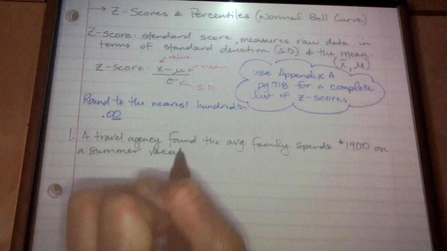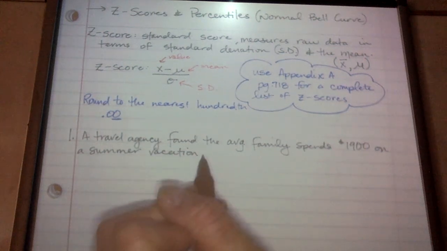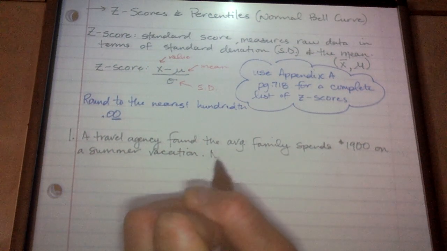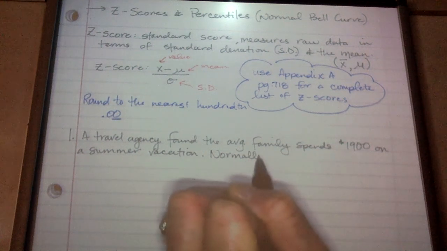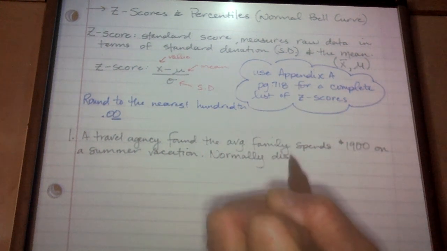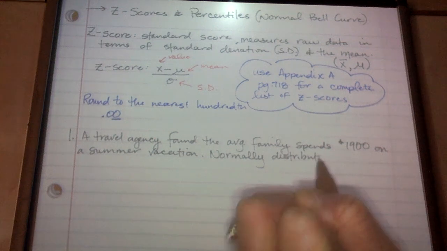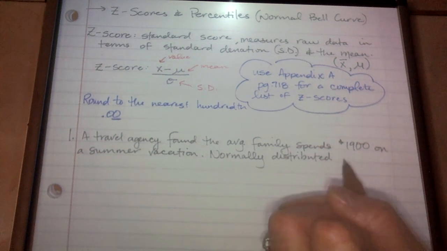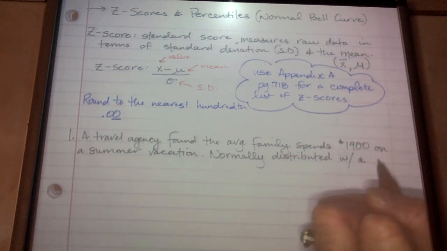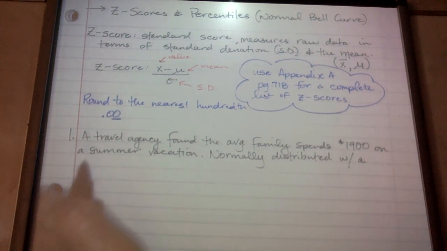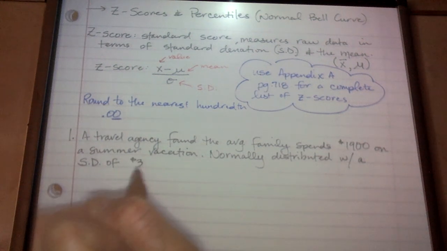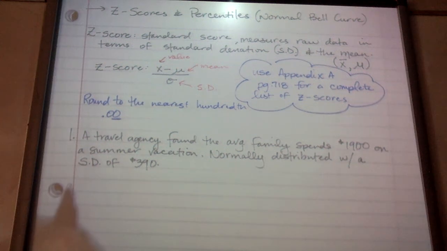Now, I have no idea how many days that represents or location, okay? And it has a standard deviation. That's what they say each time, normally distributed. So this is a normal bell curve, meaning there are some people near the average, some people way below, some people way above. Normally distributed with a standard deviation of $390.